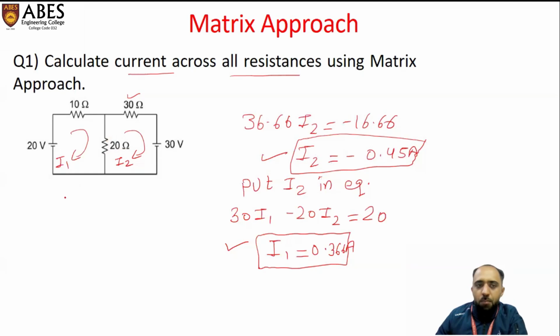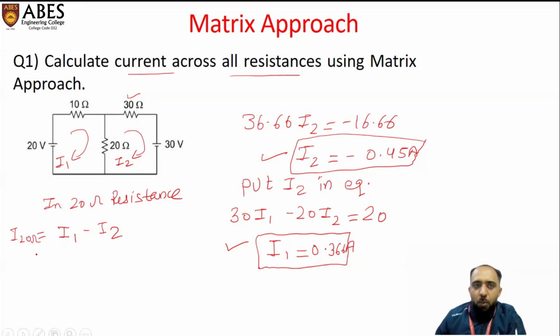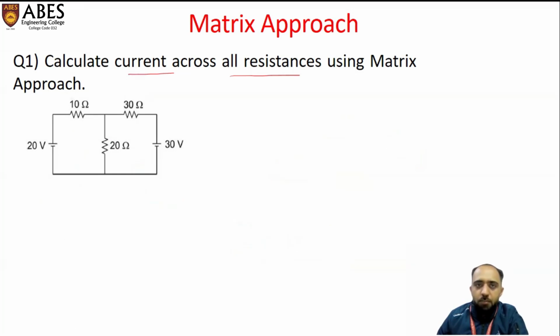And in 20 ohm resistance, the current is I1 minus I2. So this is the approach for solving by the matrix approach to find the current or voltage.